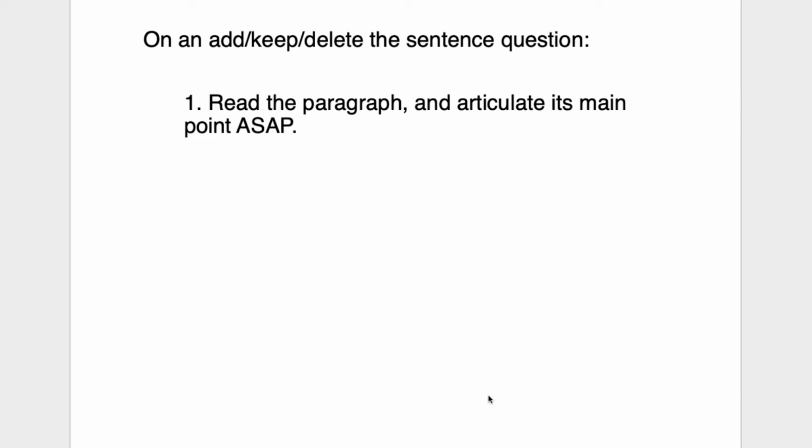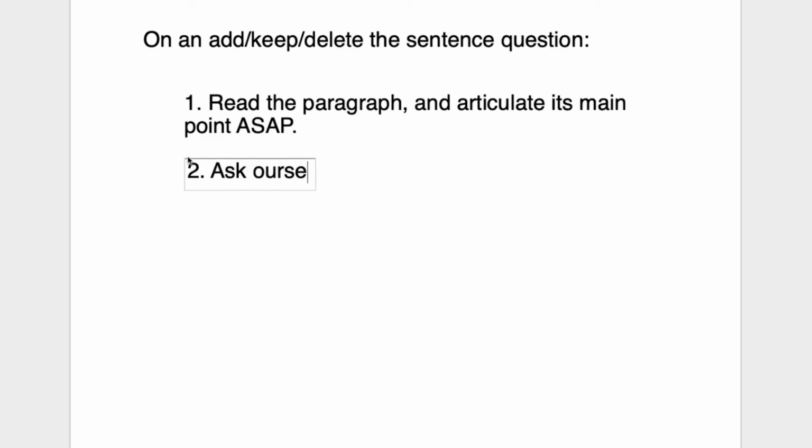It's really important that the paragraph's main point is accurate. If we articulate a main point that's not specific or not accurate, we're very unlikely to get the question correct. I always tell my students, you're going to win or lose the question on step 1. As long as the main point that you write down is accurate and specific, you'll be in really good shape to get the question right. So again, read the paragraph, articulate its main point as specifically as possible.